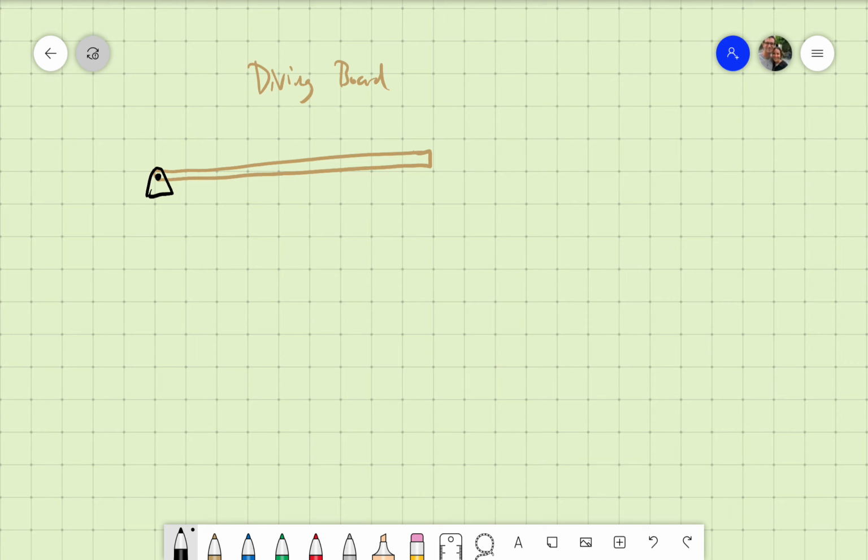And then we will also put just a little triangle symbol. That's another way of showing either a roller or a simple support.